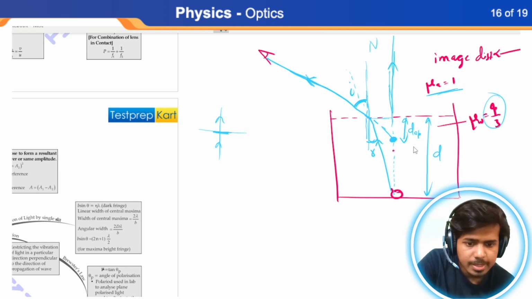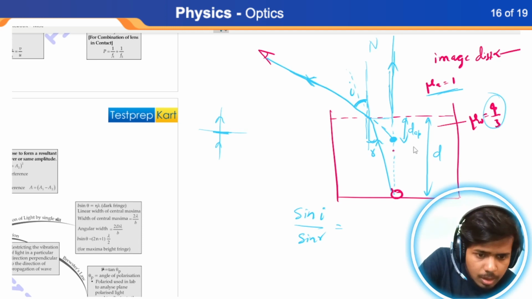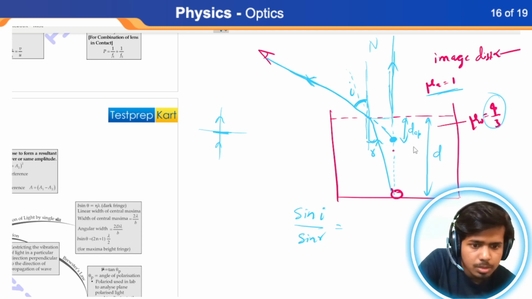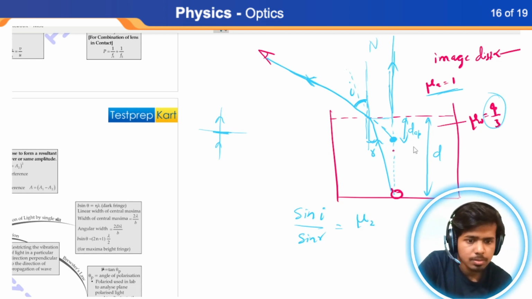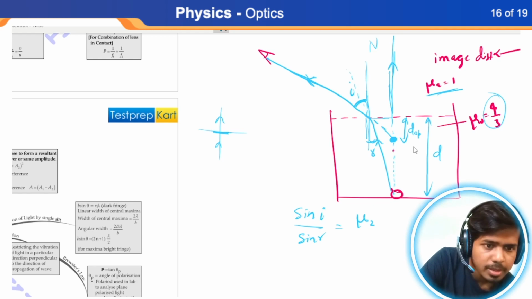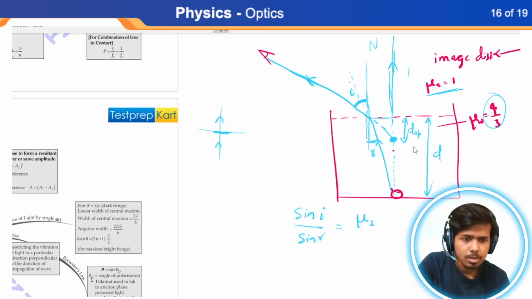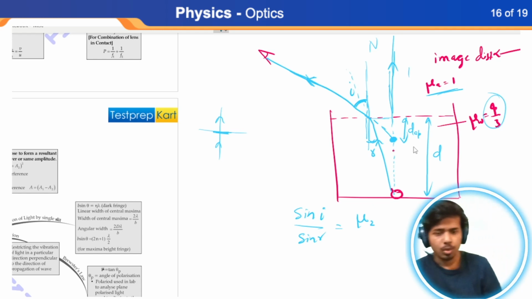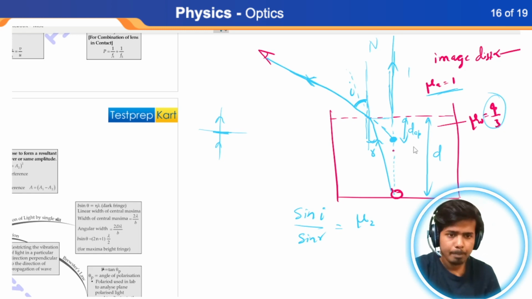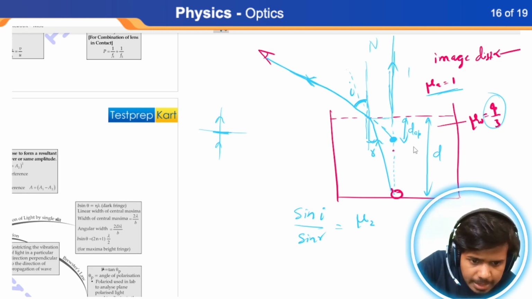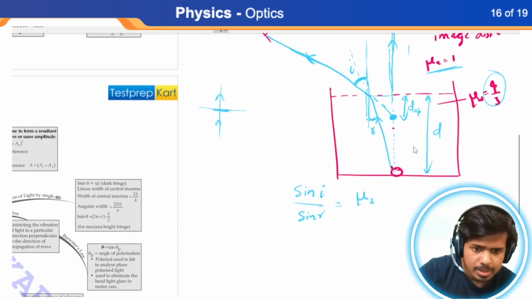What I can do over here is simply write sin i by sin r is equal to mu 2 upon 1, right? Because the index of this is 1. Now if that is okay, then yes, sin i.